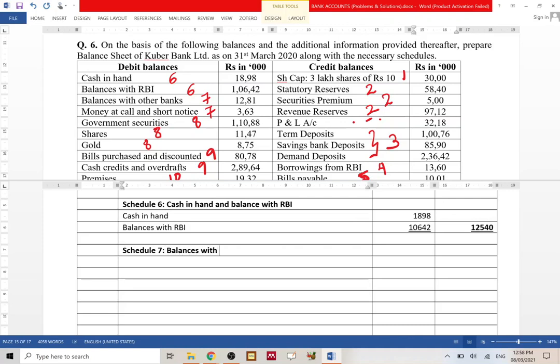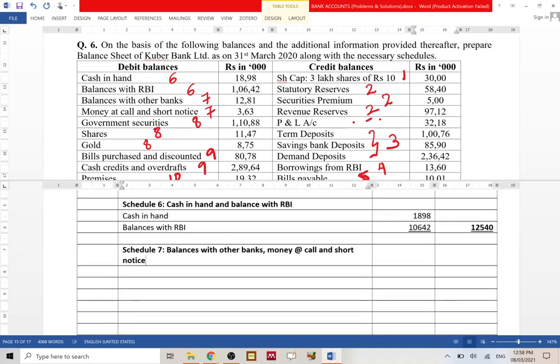So balances with other banks, money at call and short notice. Again in schedule 7 we have two items, balances with other banks, and money at call and short notice is one item, right?